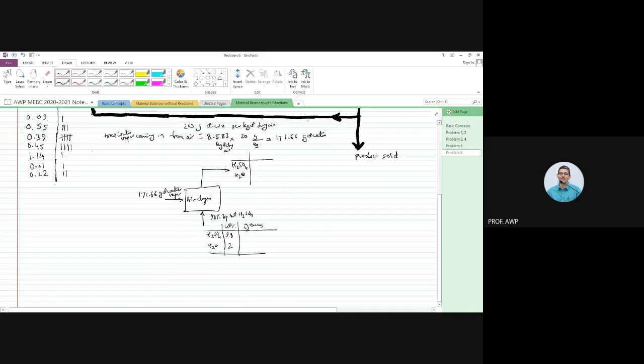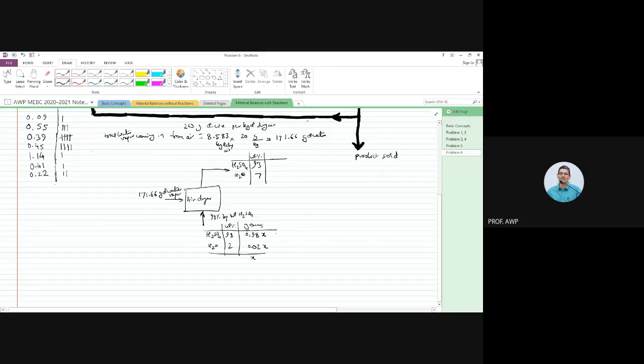I want to find out how many kgs of this 98% by weight comes in. So if I say x grams come in, this would become 0.98x grams of H2SO4 and 0.02x grams of water. H2SO4 is remaining unchanged. Water is only getting added.